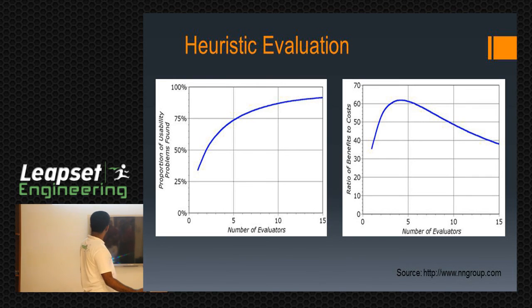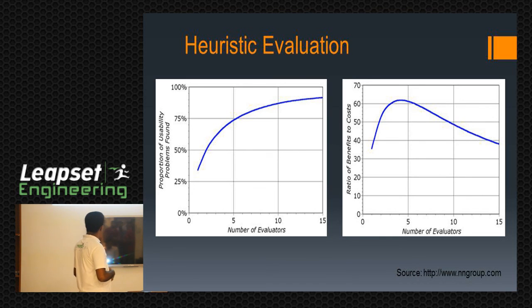The second chart shows the relationship between the number of evaluators and the cost-benefit ratio. If you use more than 5 evaluators, the cost-benefit factor degrades, or there's no use.